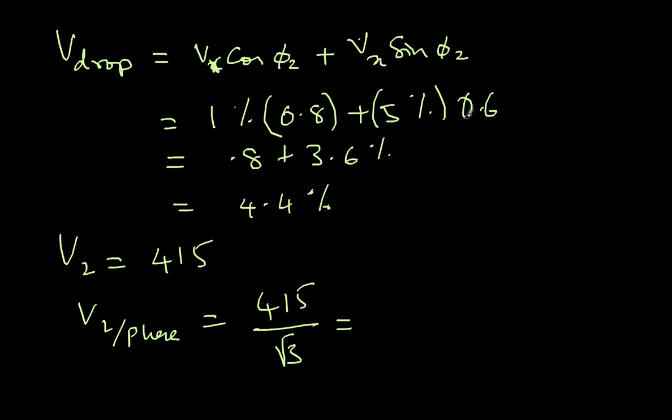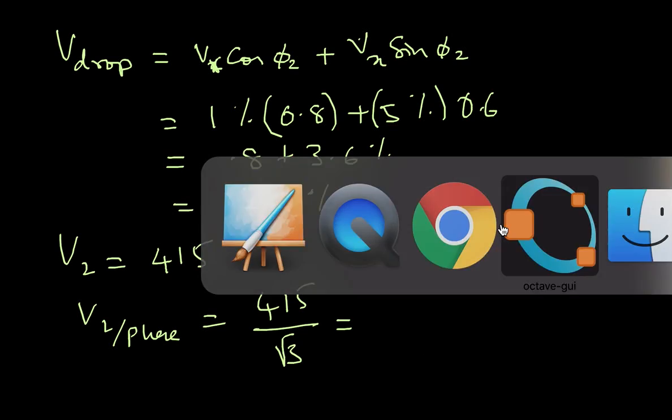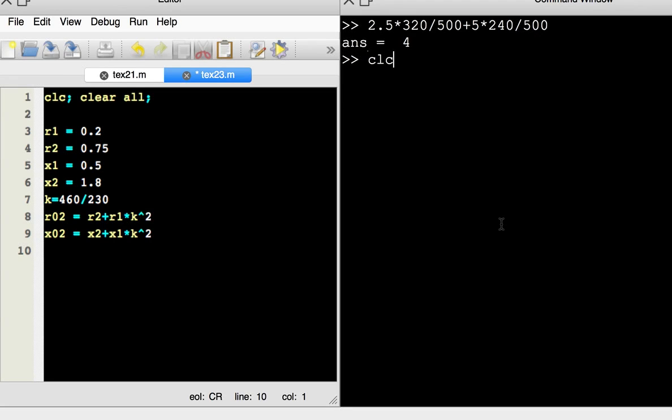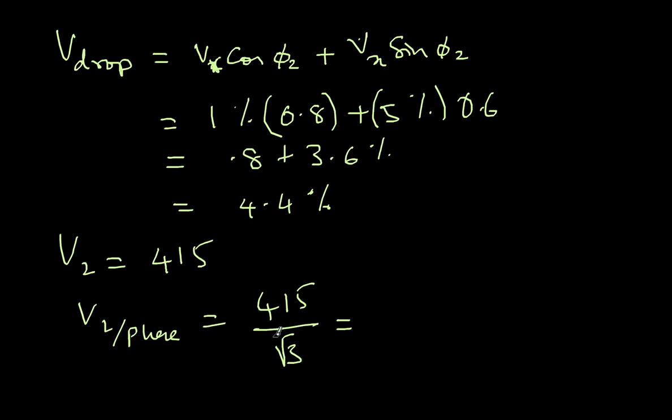Let me just verify this. 415 by square root of 3 is 239.6. Now from this I have to work back. So this 239.6 corresponds to the voltage after dropping 4.4%.